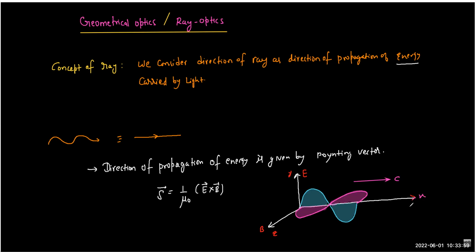All right. They may give you just E and B, and they may ask you how it is going to propagate.